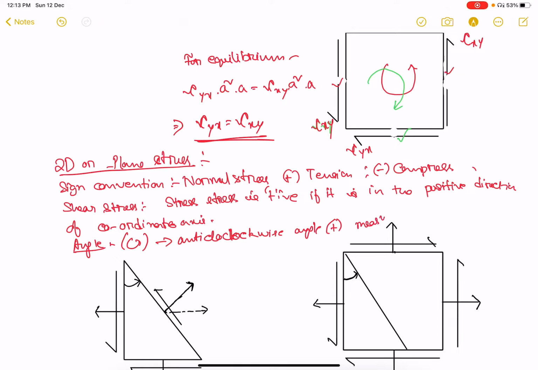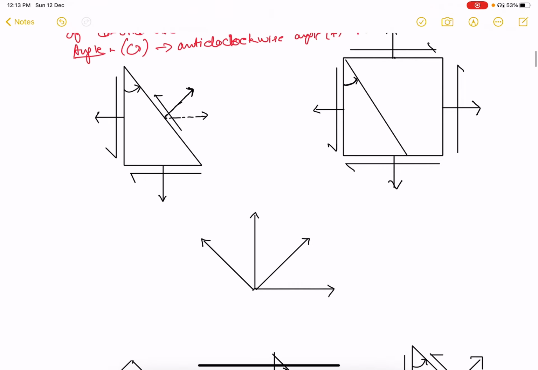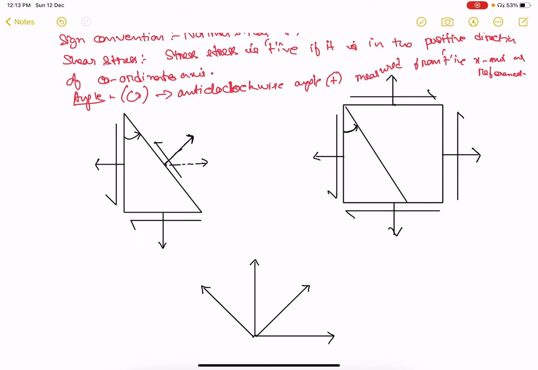Measured from the positive x axis as reference. So what does it mean actually? Basically, we have sigma x tension and sigma y, these are positive.